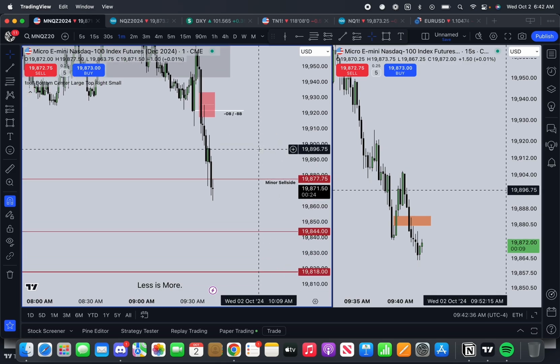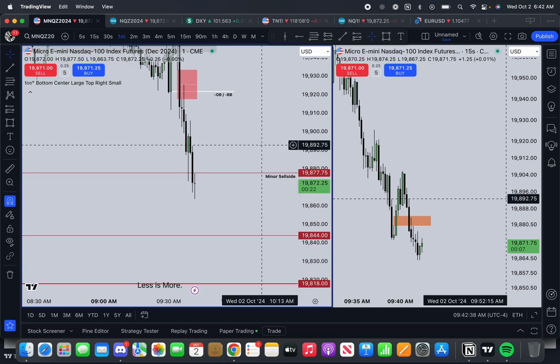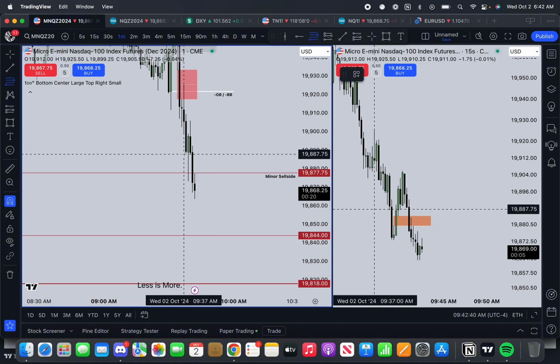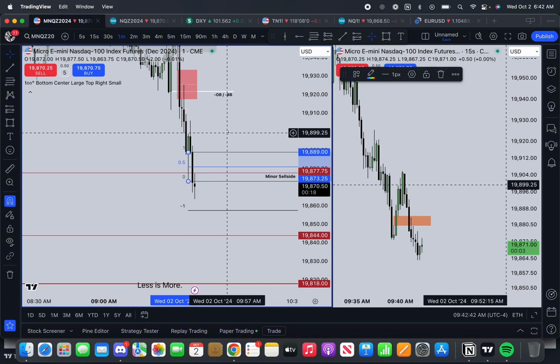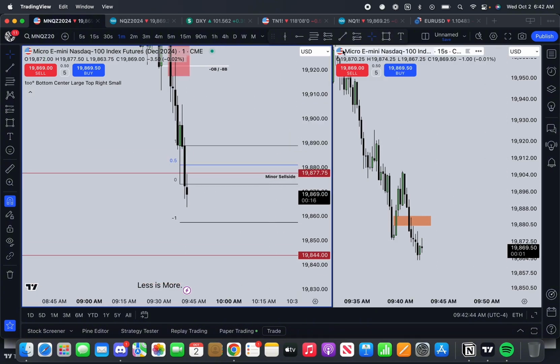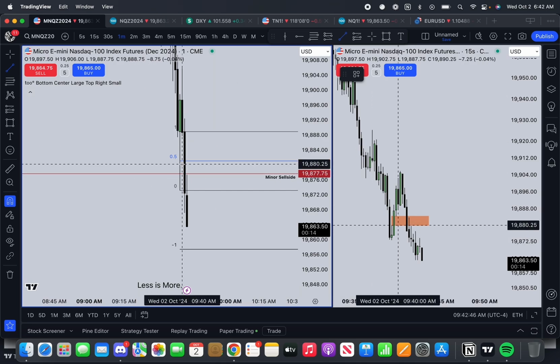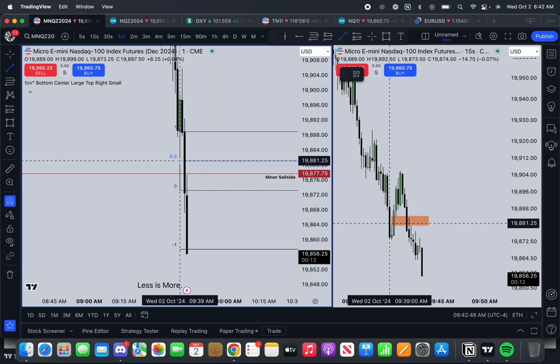If we do have any retracements, I don't want to see us go past this. Just pay attention to this price, midpoint of this long wick.